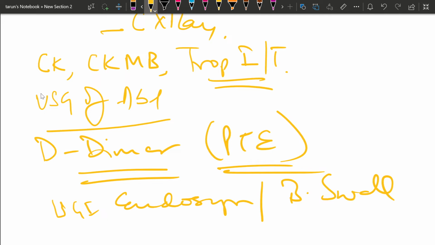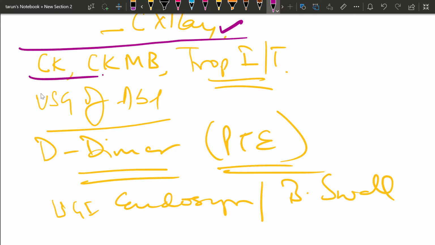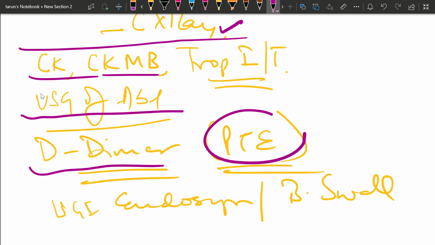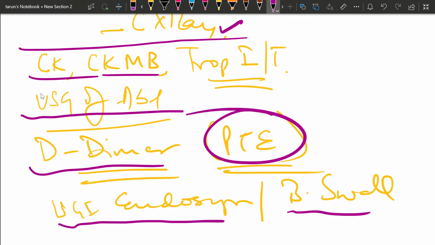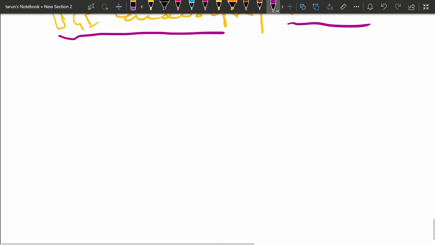First is the ECG, then chest x-ray, then cardiac enzymes like troponin T, I, creatinine kinase MB, ultrasound of the abdomen, D-dimer for pulmonary thromboembolism, upper GI endoscopy, and barium swallow. These are the investigations. Now we'll outline the management.